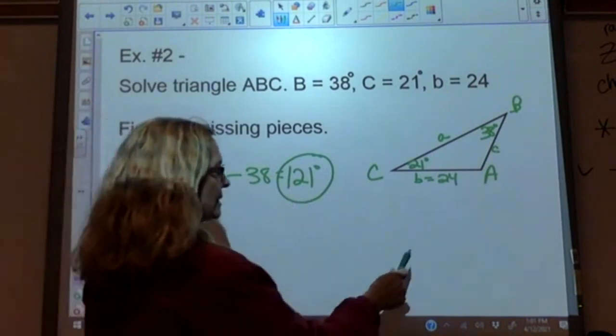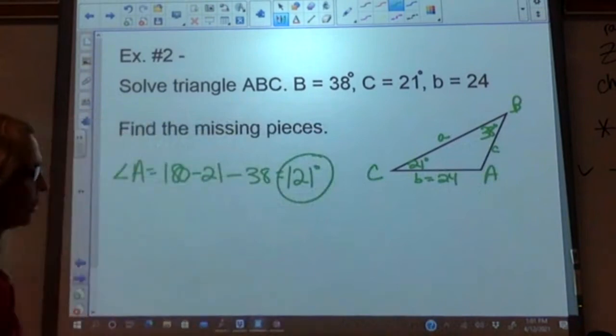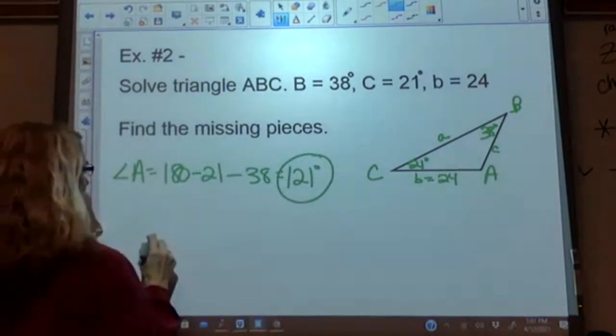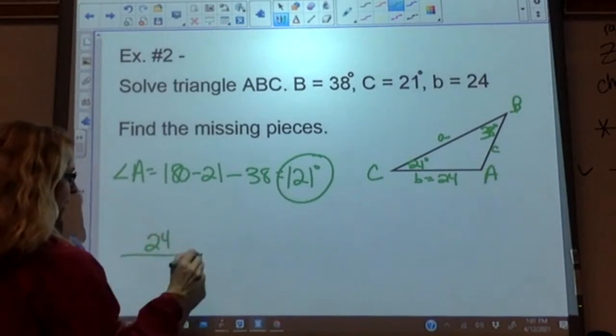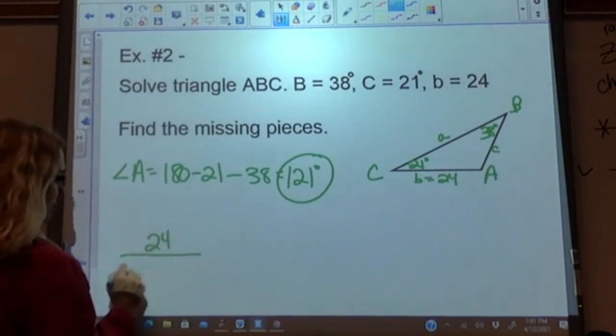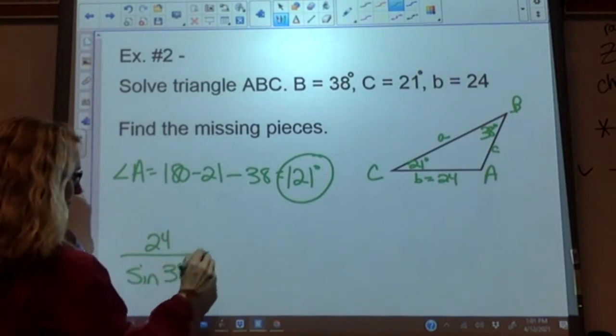Now, they gave me side B, so I'm going to use this to set up my proportion for law of sines. I'm going to have 24, which is side B, over sine of angle B, which is 38 degrees.